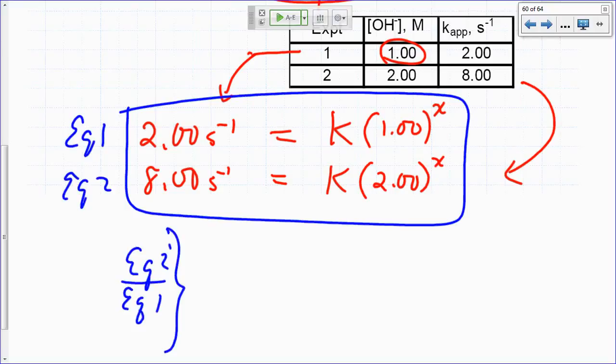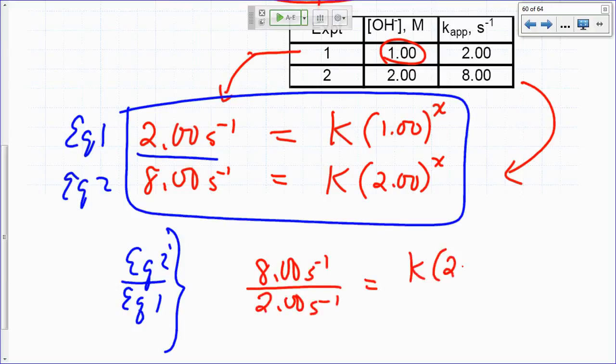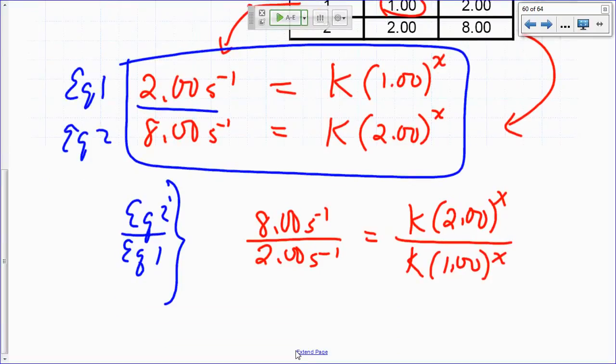What's 8 divided by 2? 4, right? Let me rewrite that. I have 8.00 per second over 2.00 per second equals k times 2.00 to the x divided by k times 1.00 to the x. What happens here? 8 divided by 2 is 4.